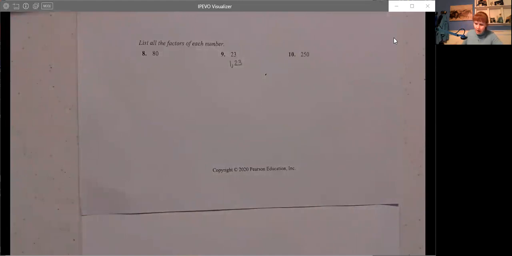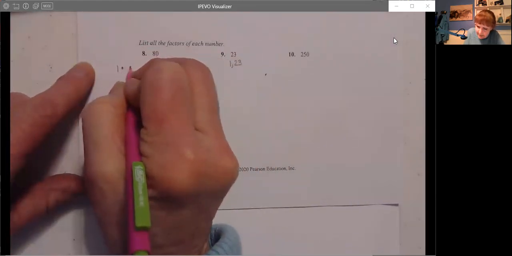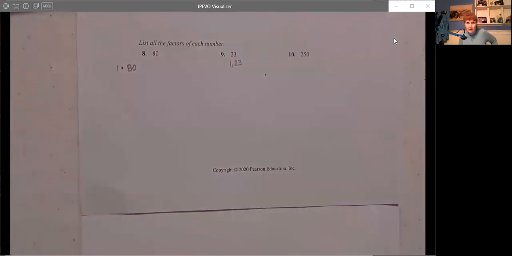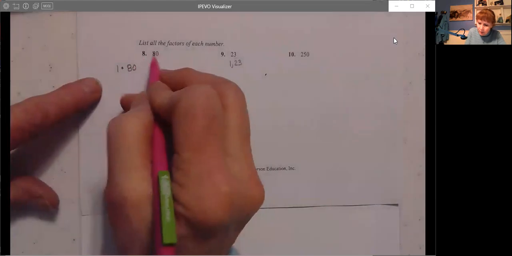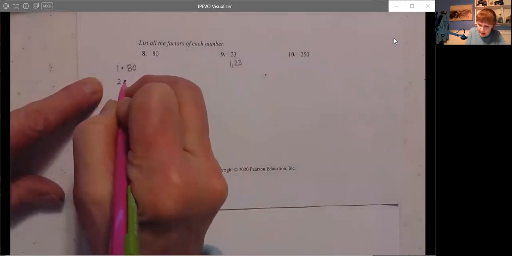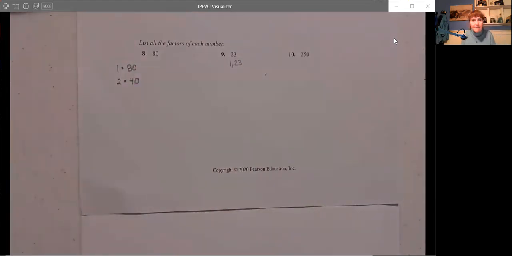All right. So 80, you have 1 times 80. Those are two of the factors. Start with that one always so you don't forget it. Now, I know that 2 goes into that. 2 times 40. I'm listing the factors of 80.